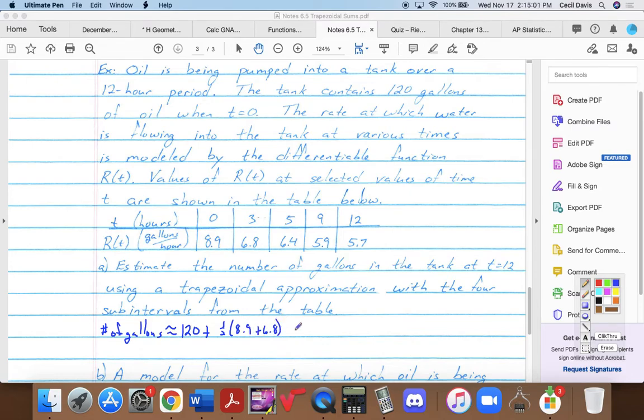And so that Ian's head doesn't explode, we'll just put 3 plus 1/2 of 6.8 plus 6.4 times 2, plus half of 6.4 plus 5.9 times 4, plus half of 5.9 plus 5.7 times 3.